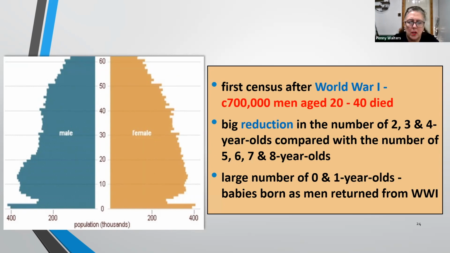Obviously, therefore, while the men were at war, apart from a couple of people who got a bit confused with a neighbour, what we can see really massively clearly here is that there was a reduction in the number of 2, 3 and 4-year-olds compared to the numbers of 5, 6, 7 and 8-year-olds in the census, and a big jump of new babies as the men returned from the war. We can clearly see the shape there.